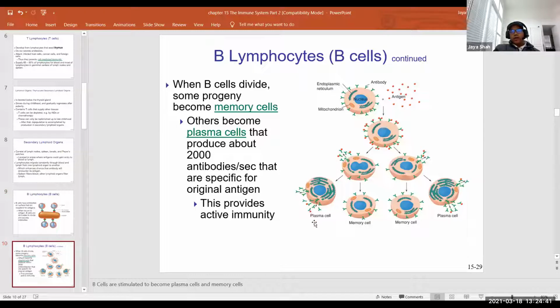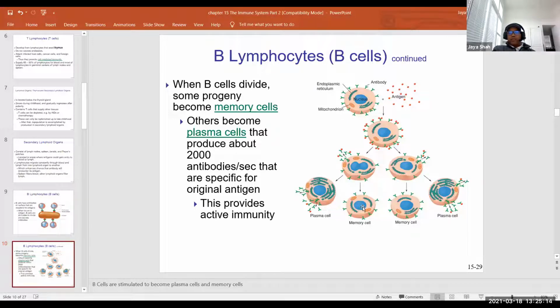If you look at the memory cell and plasma cell structure, what difference do you see inside the cell? Looks like the plasma cell has a lot of rough endoplasmic reticulum, whereas the memory cell has less.